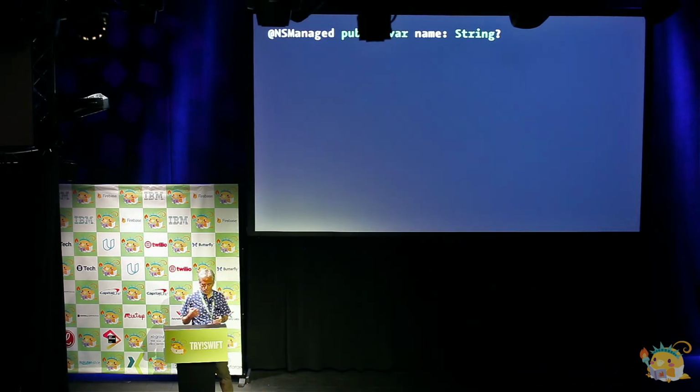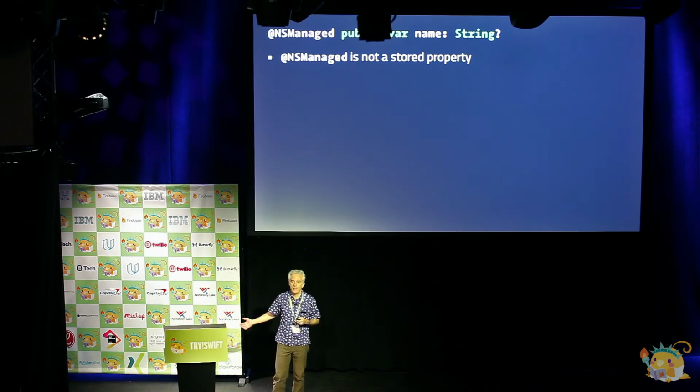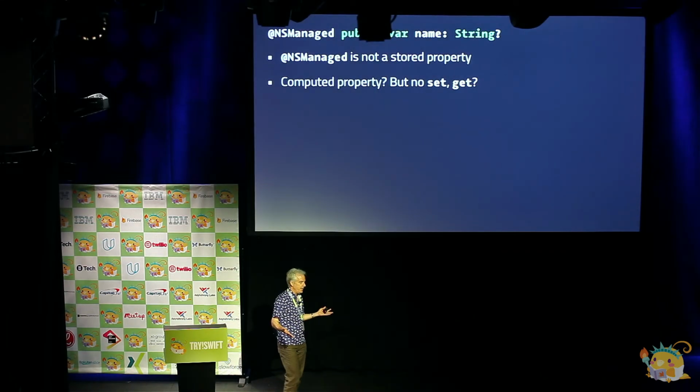This is where a lot of people will stop, reasonably so. But the thing is, @NSManaged isn't actually a stored property. It's sort of a promise to the compiler that this will exist at some point. It's kind of like a computed property, except that there's no get or set declared for it either.